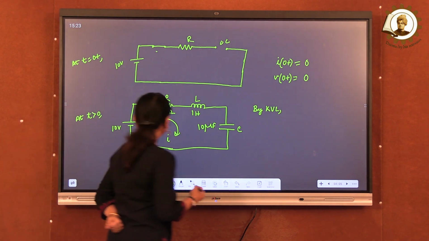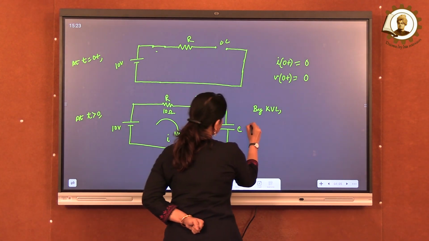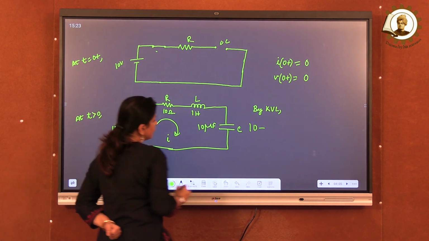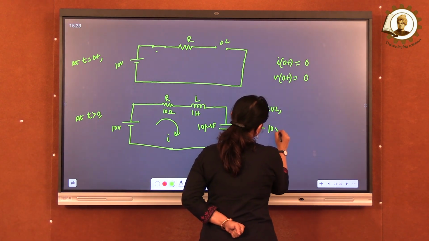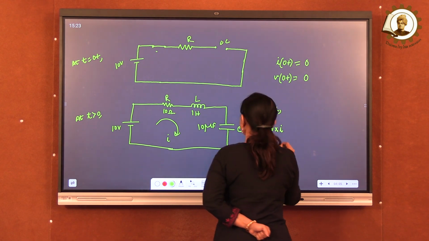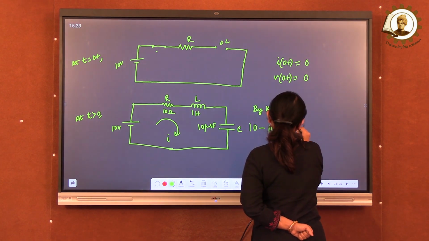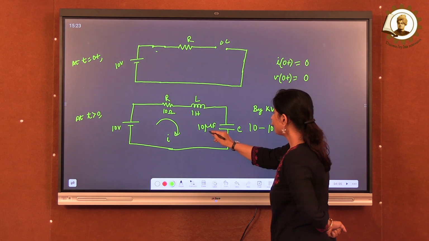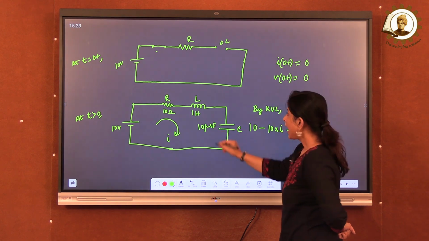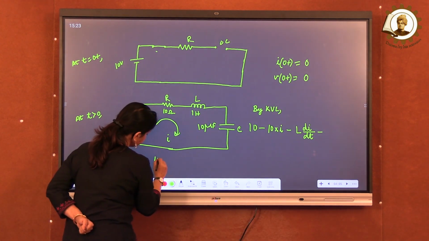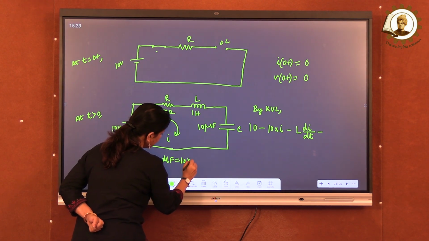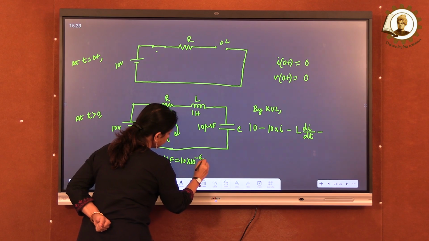Here we have 10 volt, then we have R into I, so 10 into I, minus L di dt, minus, for the capacitor, it is 10 microfarad, and 10 microfarad means 10 into 10 to the power minus 6 farad.